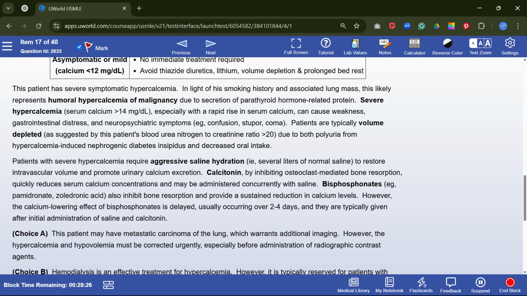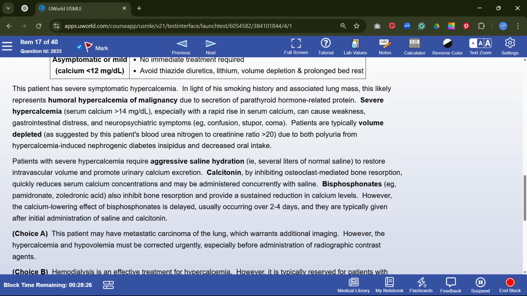Calcitonin, by inhibiting osteoclast mediated bone resorption, quickly reduces serum calcium concentration and may be administered concurrently with saline.